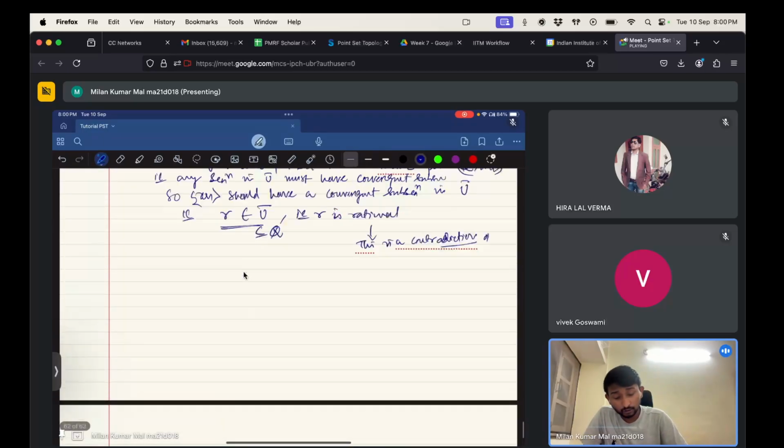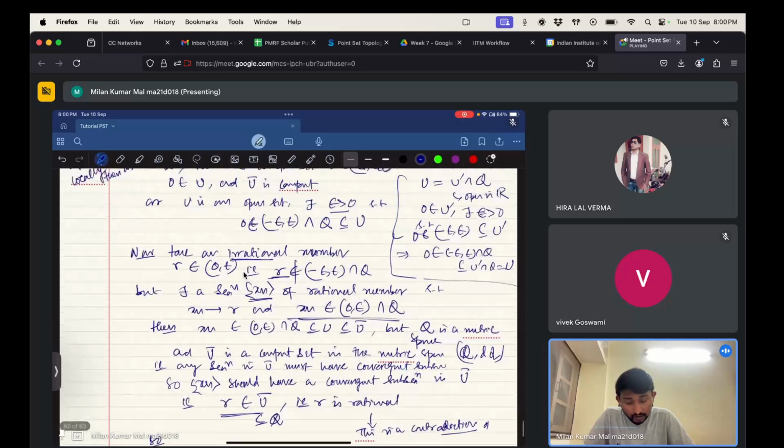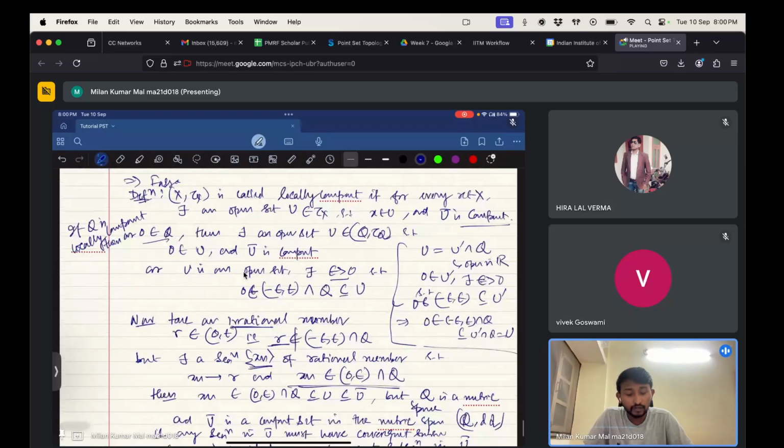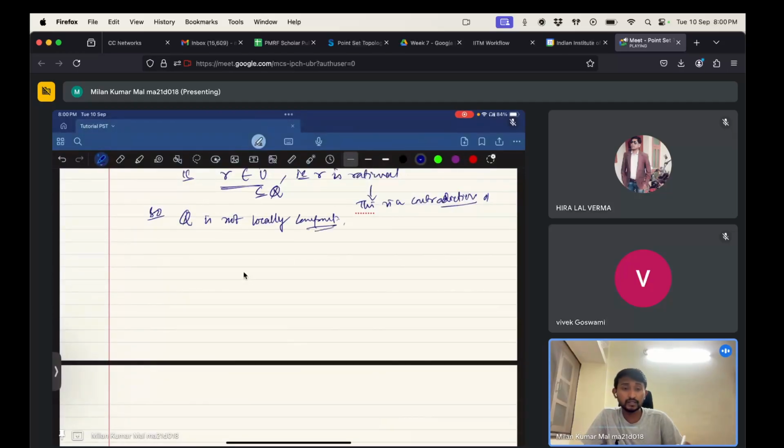So for the point 0 we are not able to give a set U for which the closure is compact. That means the rationals are not locally compact. Is it clear? If there is any problem, please raise it. Otherwise, I'll go ahead to the next problem.